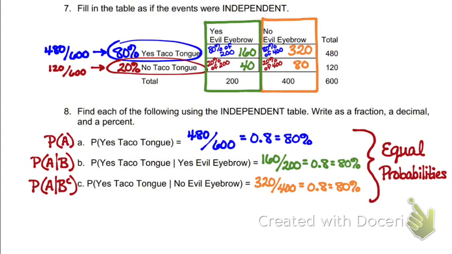I have the probability notations for these written off to the side. We're calling taco tongue event A. The probability of event A is what we've answered right here. The probability of event A, given that we know event B has happened. What does this little C thing mean? Complement, or not. This is yes, evil eyebrow, so this is not evil eyebrow. Does that make sense?